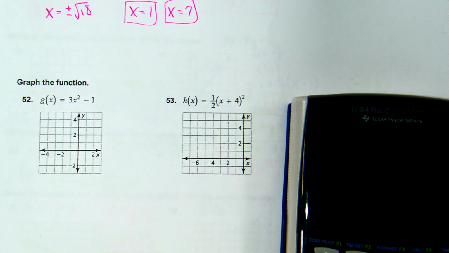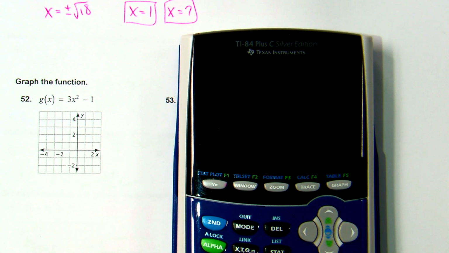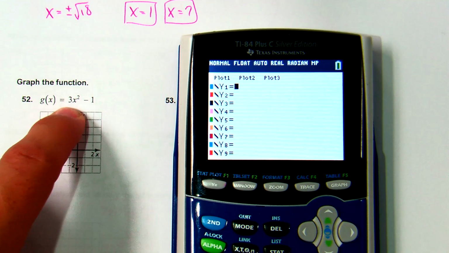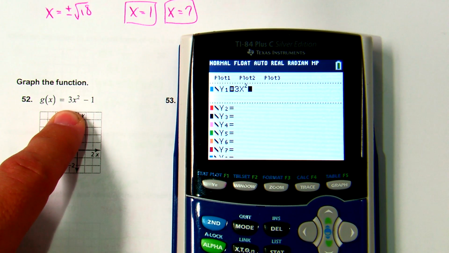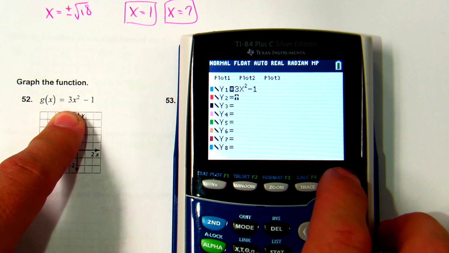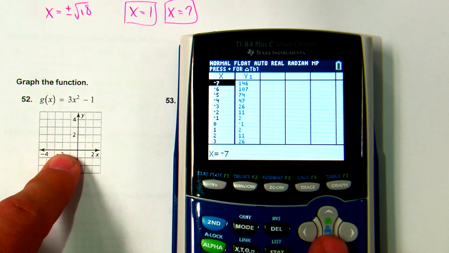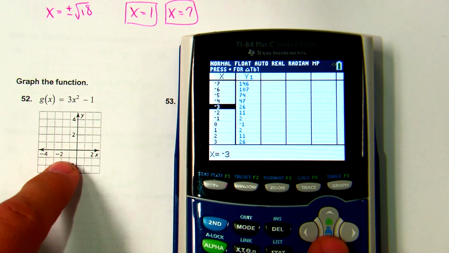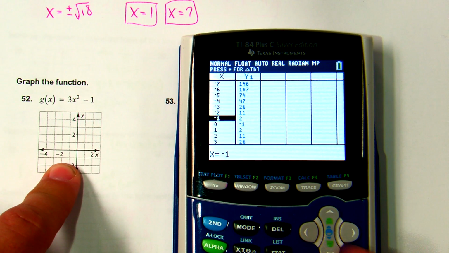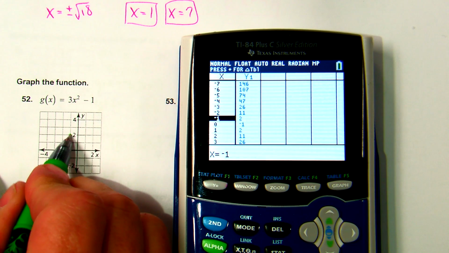It says graph the function. So that's going to be pretty easy. I'm just going to put in y equals 3x squared minus 1. And then I'm going to go to my table, not my graph. I'm going to go second table, and look at some values that I can plot as points on the graph. At negative 1, I can put 2.